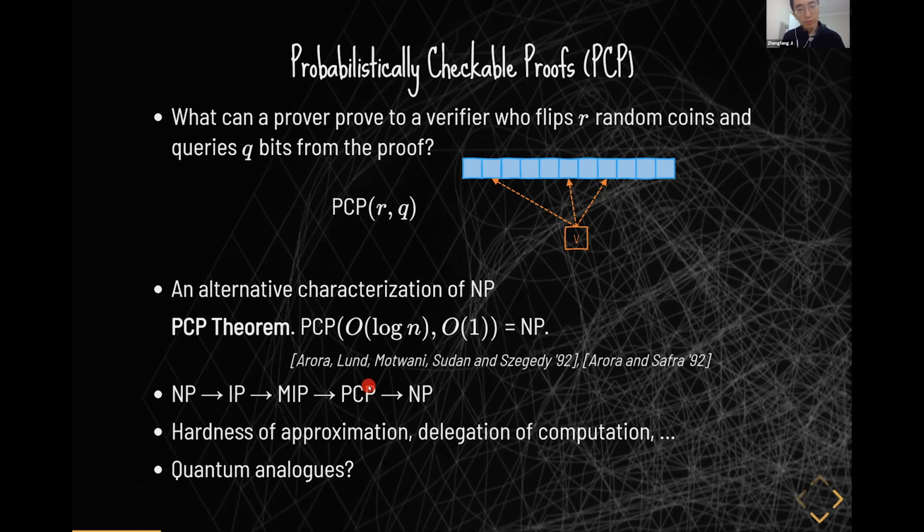And the PCP theorem is, as I said, a key breakthrough in complexity theory. It's a theoretical result, but it also has a lot of implications in other areas of computer science, like hardness of approximation and delegation of computation.